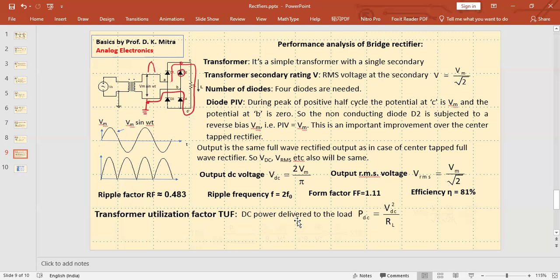What we calculate is the DC power delivered to the load, which is VDC squared by RL. So what is the VA rating of the transformer?